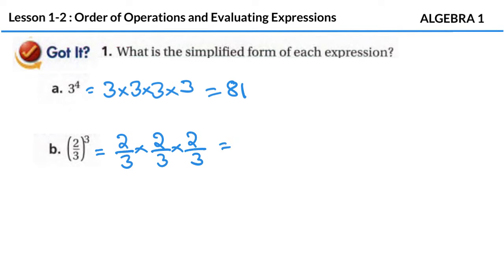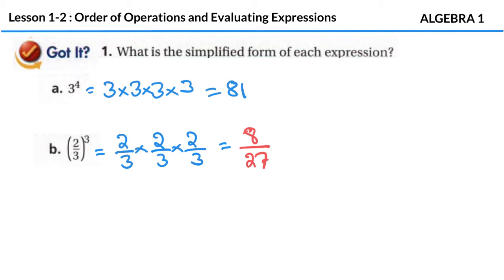Multiply them: 2 times 2 is 4, 4 times 2 is 8. So that's going to be 8 over 3 times 3 is 9, 9 times 3 is 27. 8 over 27.